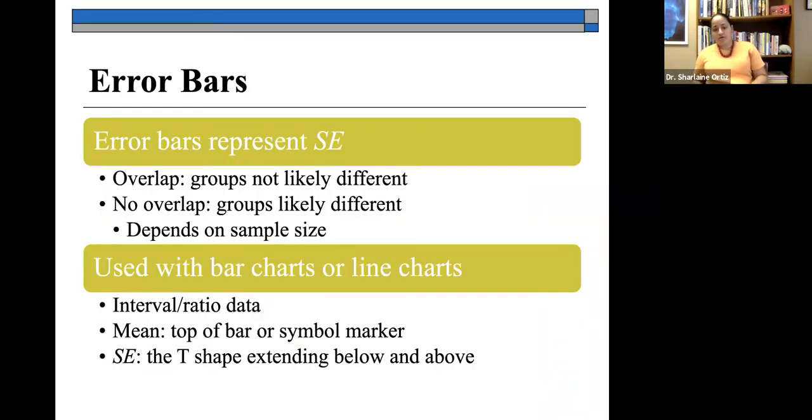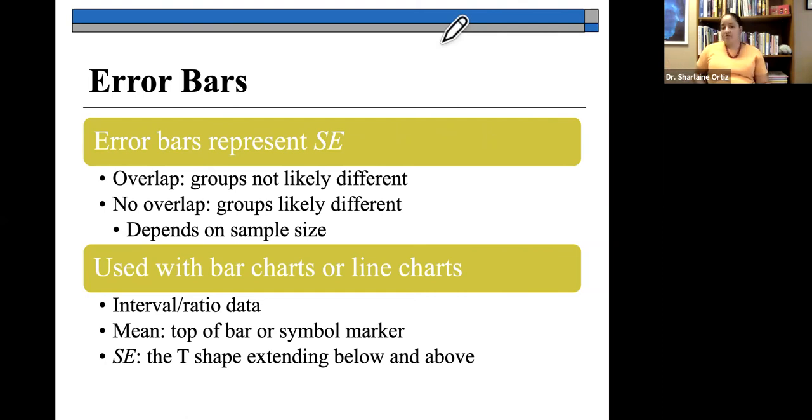Now, what are error bars? I know that I mentioned that earlier. Error bars will represent that standard error. Something to note is that whenever we find these error bars, if there is an overlap between these bars, it generally implies that the groups are not likely different.